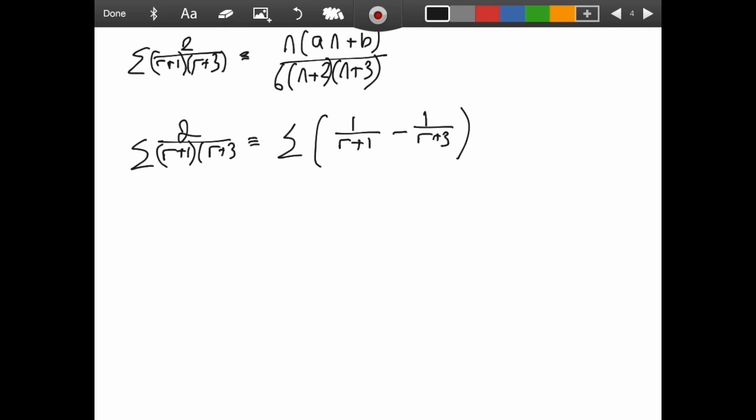So at this point we can actually start using our values of r. So let's replace r equals 1. So we get 1 over 2 minus 1 over 4. R equals 2, we get 1 over 3 minus 1 over 5. And so on and so on. We're going to go down and list these out.